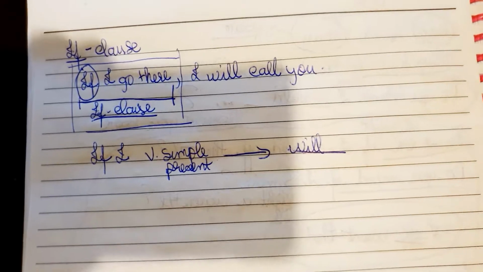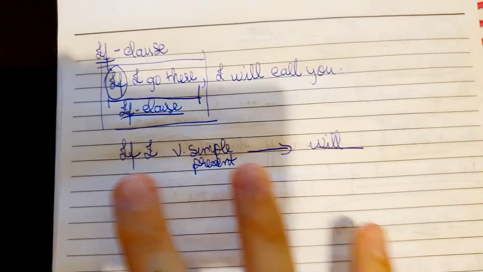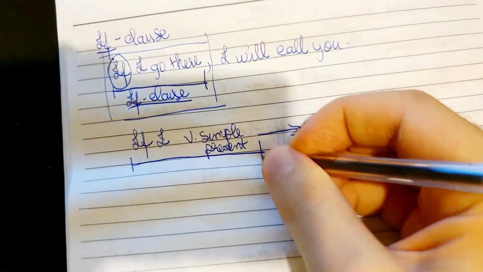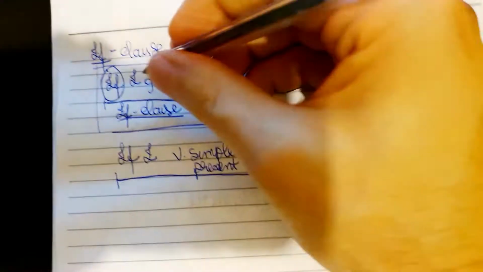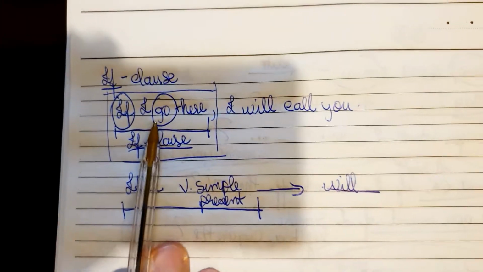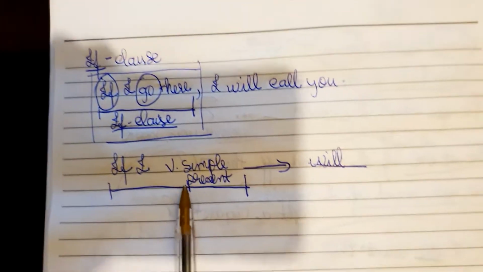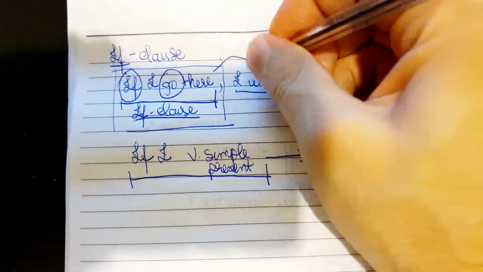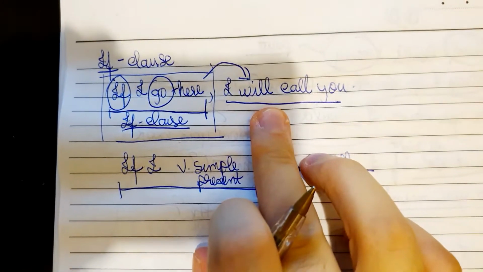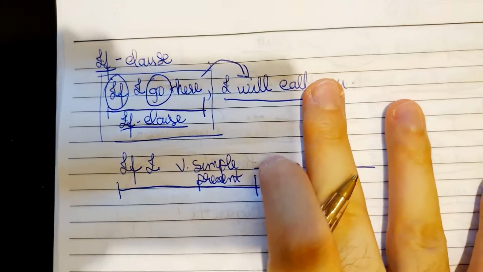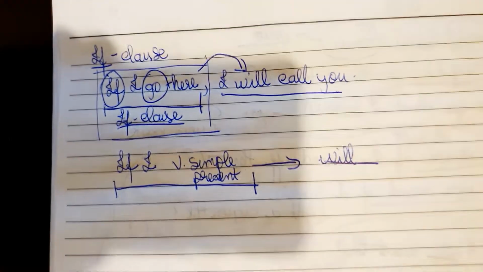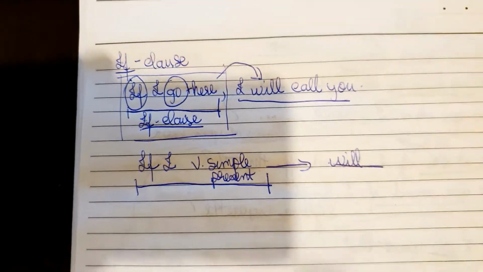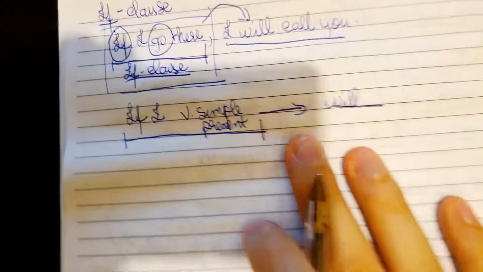I'm making the understanding easier for you, one example at a time. So in this part of the sentence, I have the verb in the simple present. The if part comes with simple present, and the other sentence comes with will in the future. Okay? So pay attention to this. We will come back to other examples. I will remind you later about this structure.